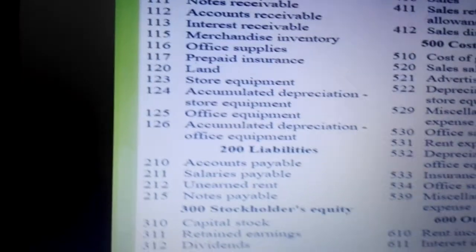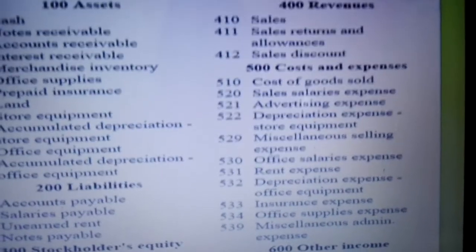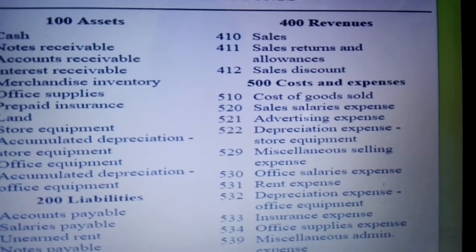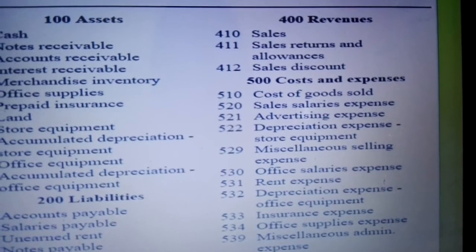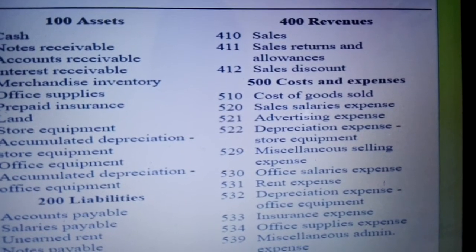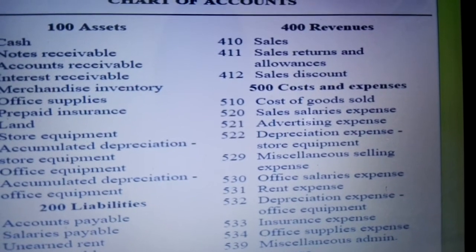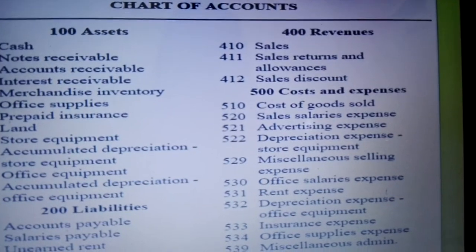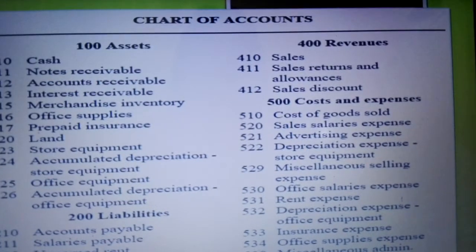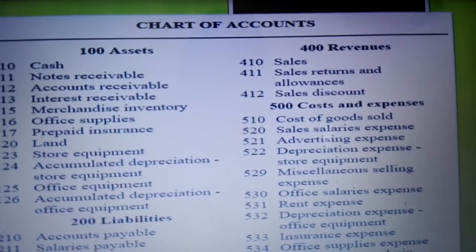We have revenue. Revenue is the income, the source of income you're having at the moment. For example, if it's merchandising, then you have sales. That is the term that you have to use for every transaction involving trading. Let's say store equipment and cash.